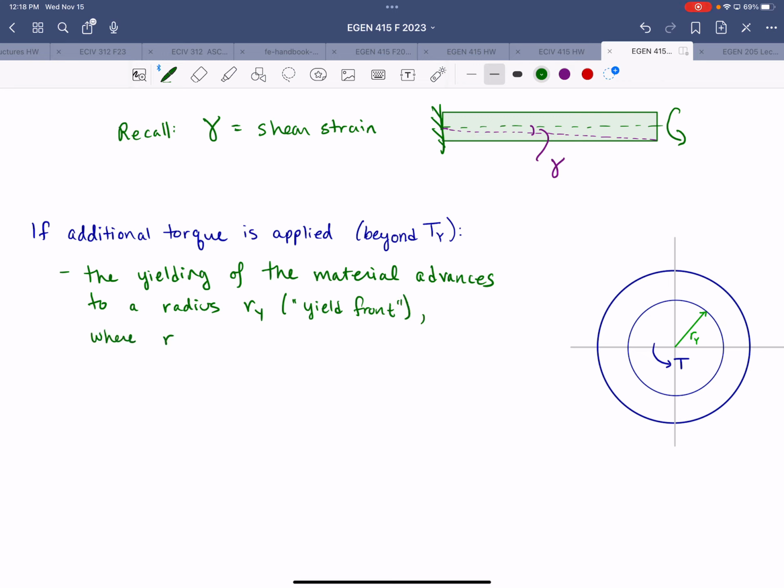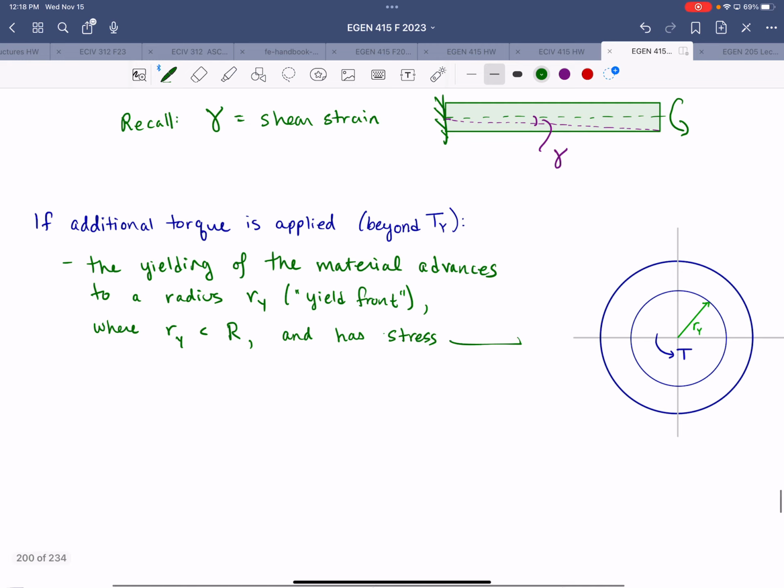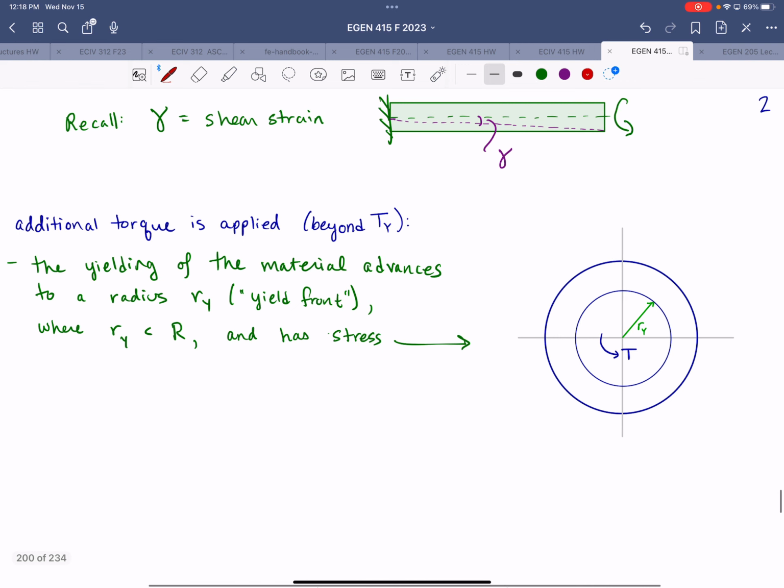where that yield radius is always less than the outer radius, capital R, and has the associated stress distribution shown over here, which I will sketch now.